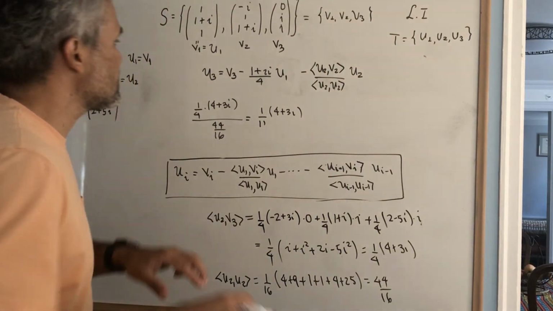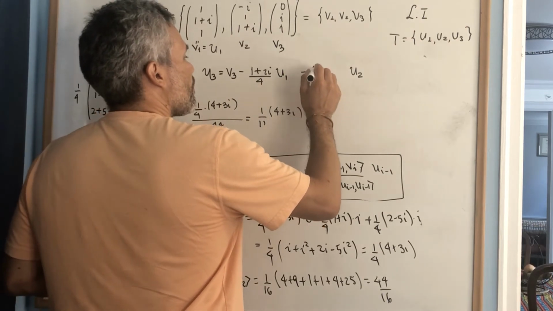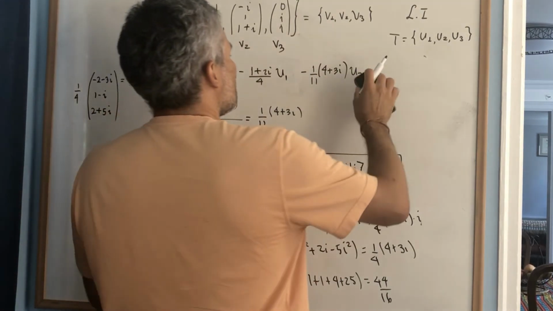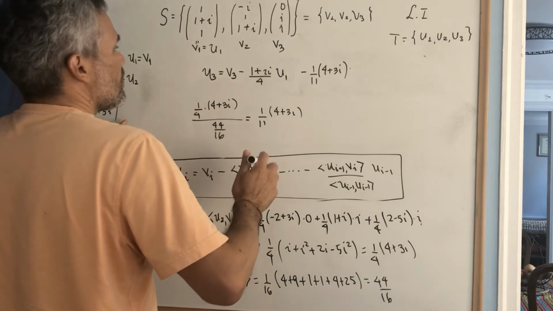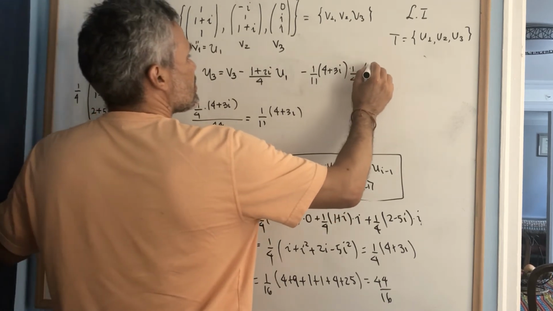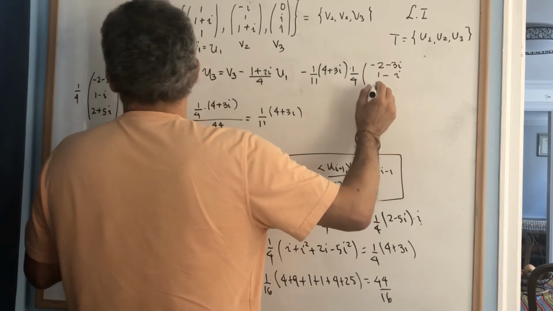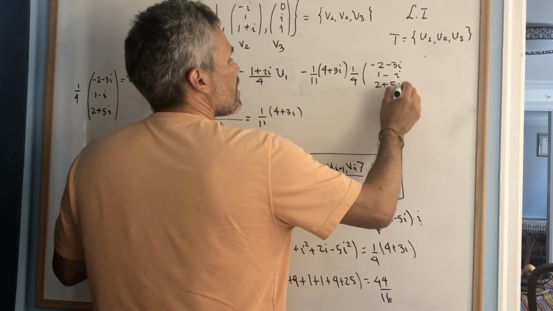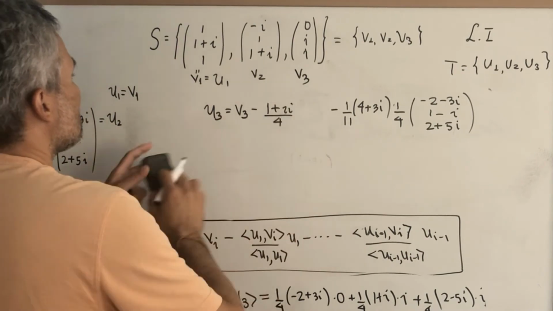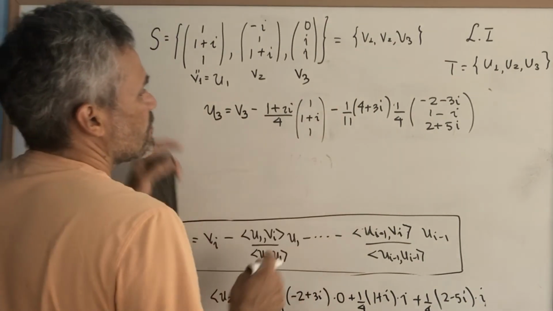Then I can replace this with 1 over 11, and here 4 plus 3i times u2. u2 is 1/4 of -2 minus 3i, 1 minus I, and 2 plus 5i. And u1 is 1 plus I, and 1.